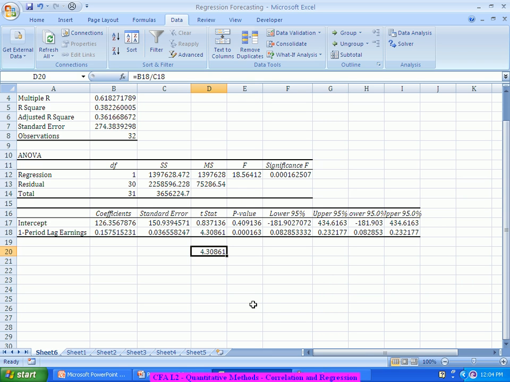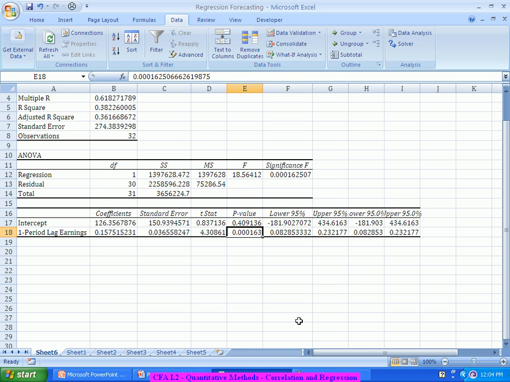The other thing to interpret here is that the same relation can be interpreted from the p-values. P-value, as we have seen earlier, is the probability up to which you will accept your null hypothesis.